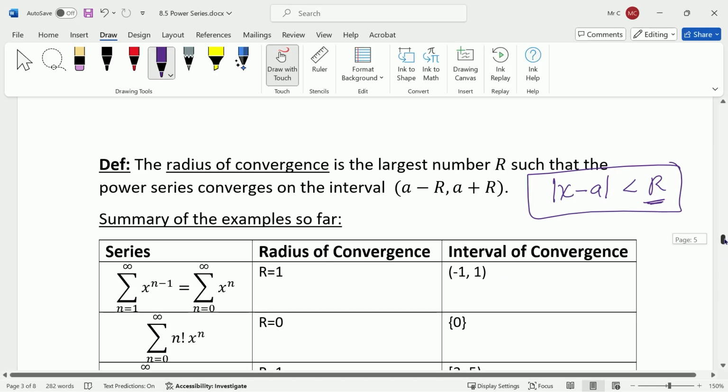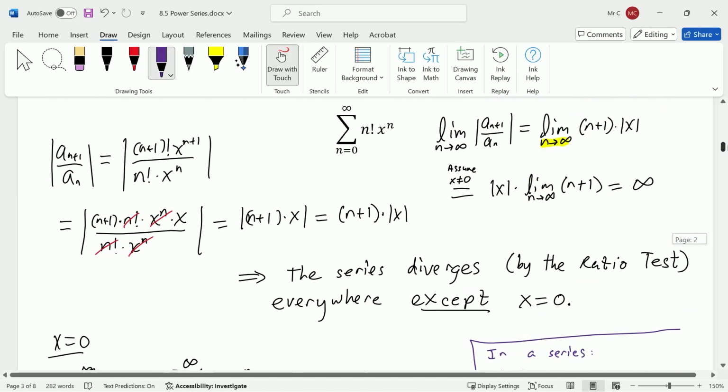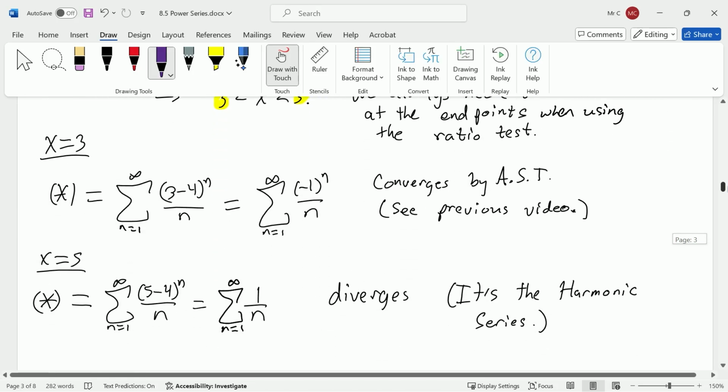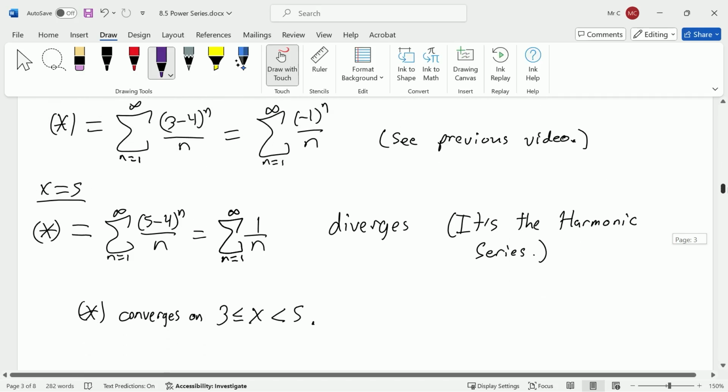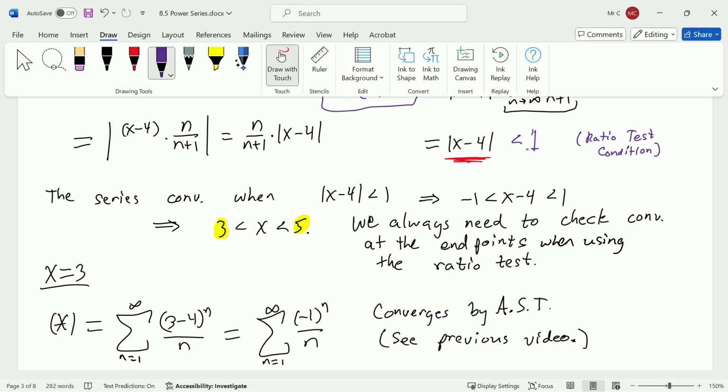So let me illustrate real quick by going back to one of our earlier problems. So this one, where we had an interval. So up here we had the absolute value of x minus 4 is less than 1. So if I'll write that in red here, we say the absolute value of x minus 4 is less than r. That's the radius of convergence.